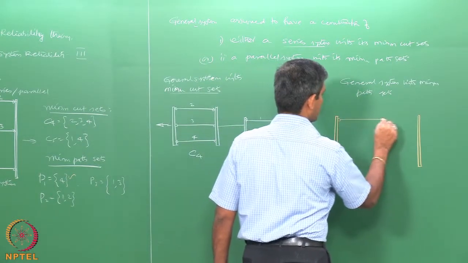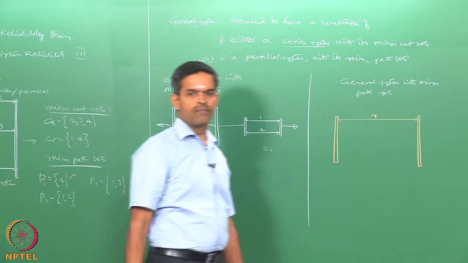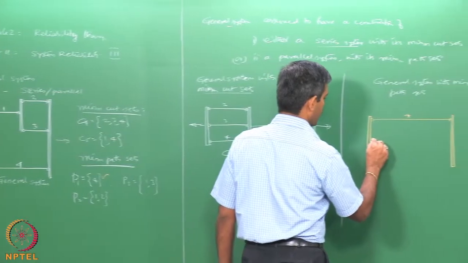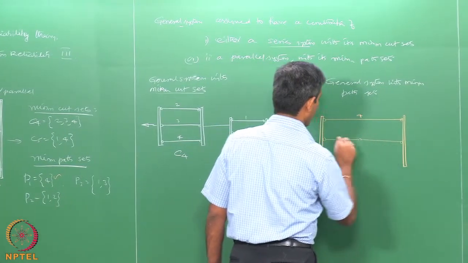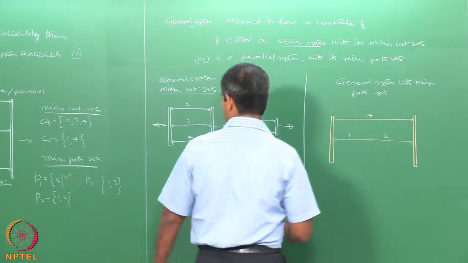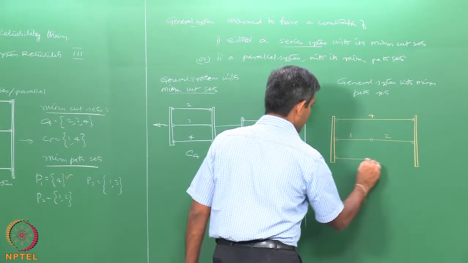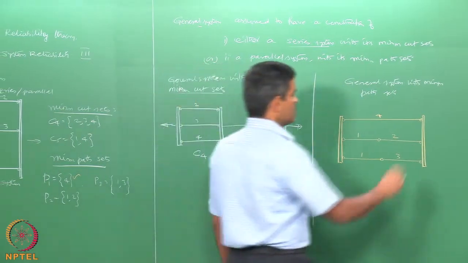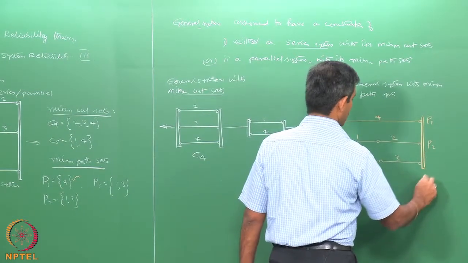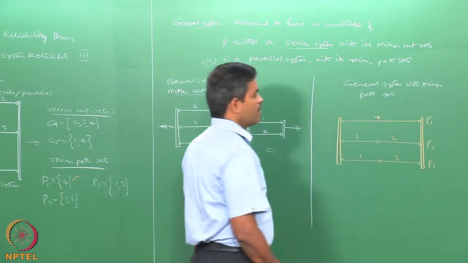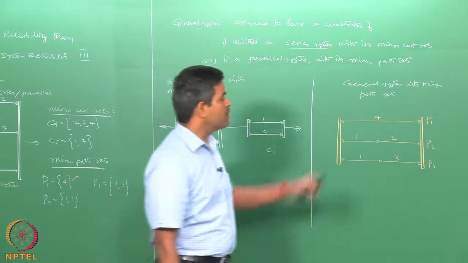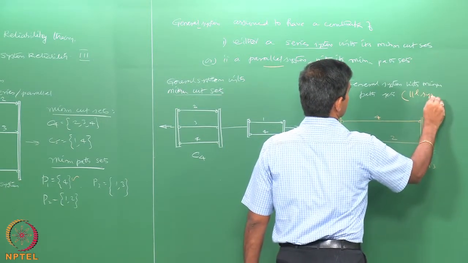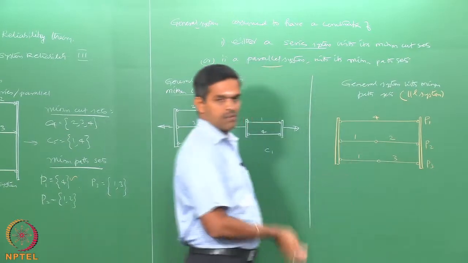So, let us connect them. 4. Then it has got 1 and 2. It has got 1 and 3. Okay. So, this was my P1, this was my P2, this was my P3. When I reproduce a general system with minimum path sets, the system will behave as if it is a parallel system. So, now they are behaving as a parallel system.